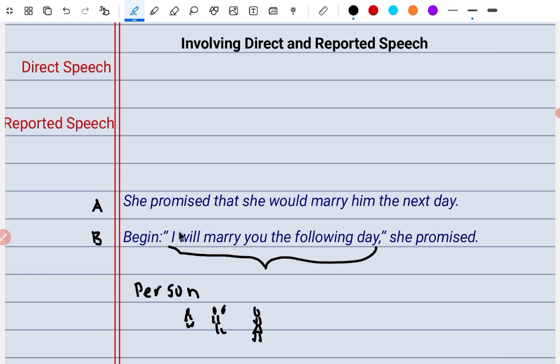Okay, these two are having a conversation, and you hear this man telling this woman, "I'll marry you the following day." These words are being spoken by the man.